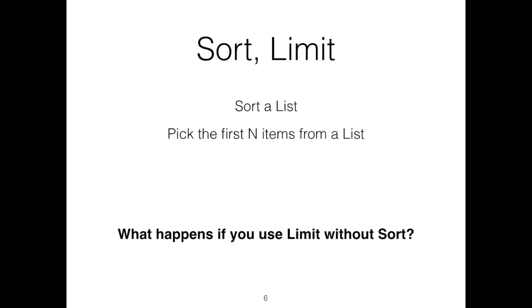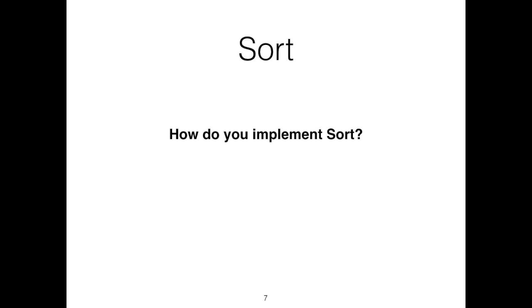Okay, so last class we talked about implementing these various operators. So how would you go about implementing a sort operator? Give you a little bit of a more in-depth question. So we talked about iterators. We had open, we had get next, and we had close.